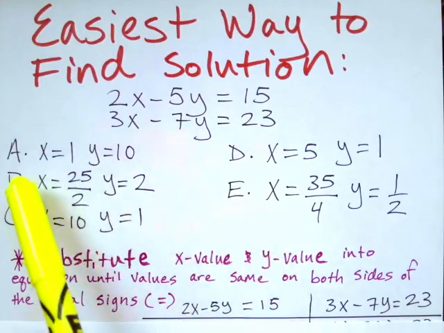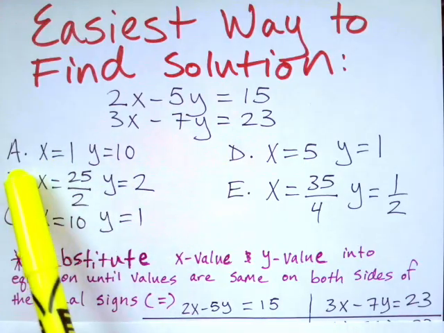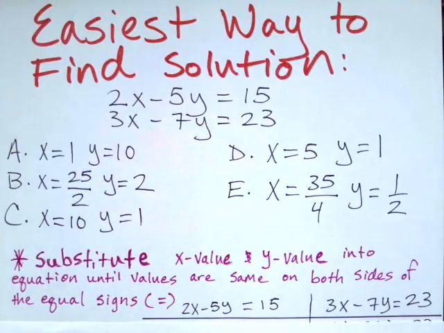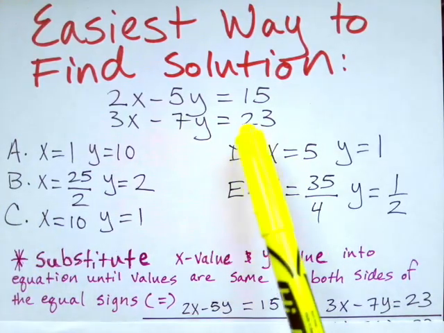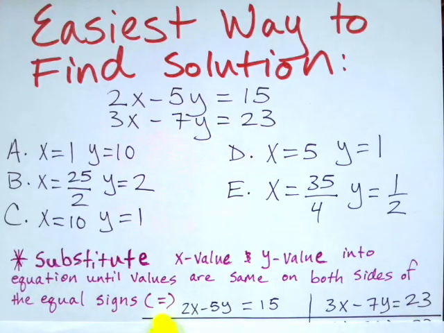Both X and Y for A have to work. And this is how you check your answers. For each of these, A, B, C, D, and E, you substitute the X and the Y value into the equation until the values are the same on both sides of the equal sign.